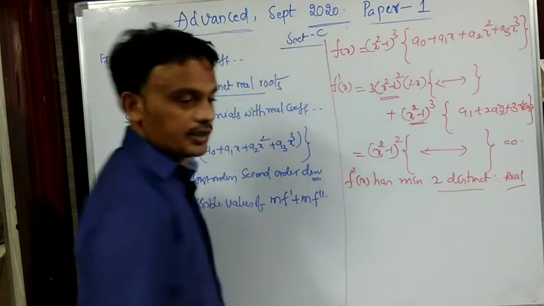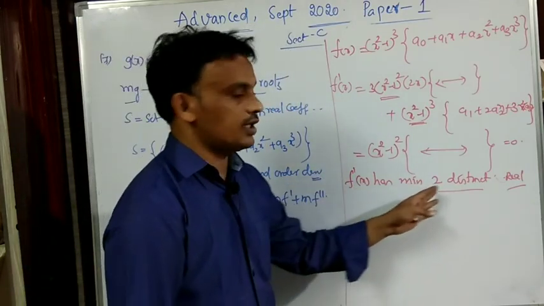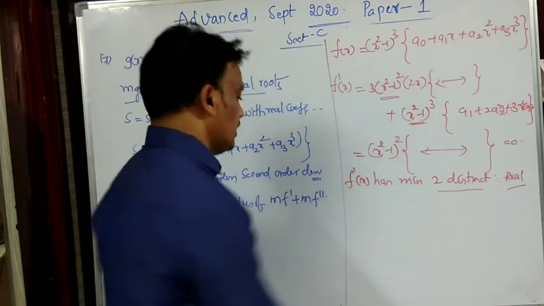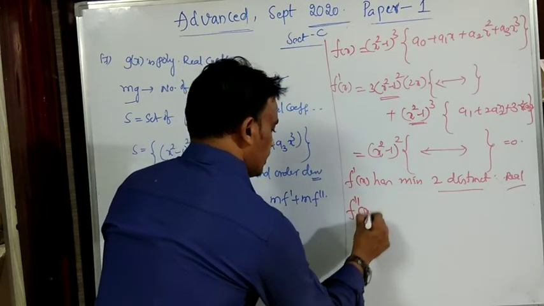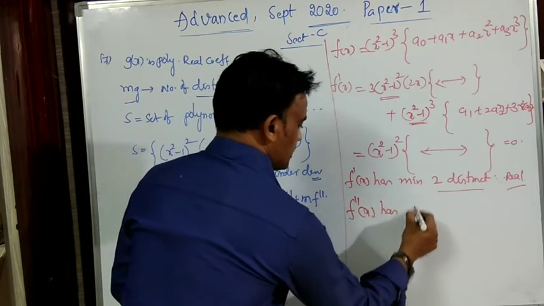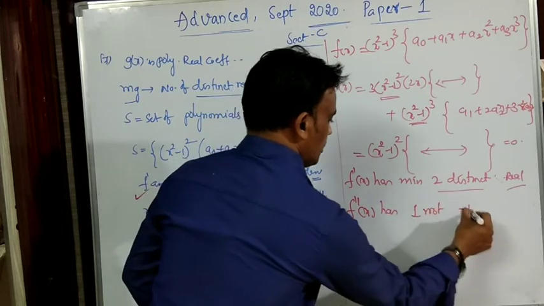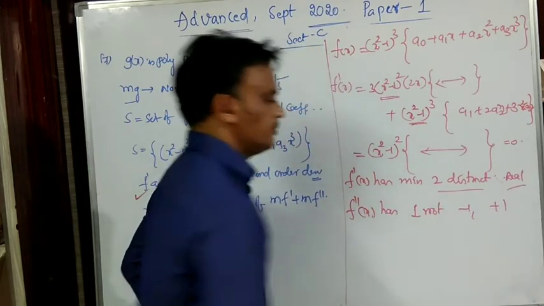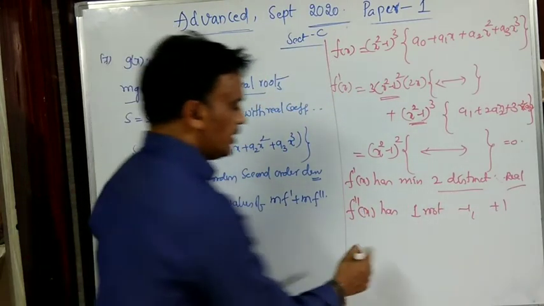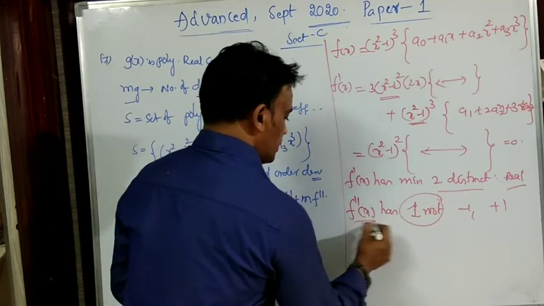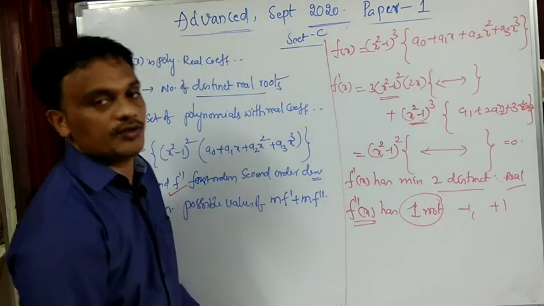Am I right? Yes. Since f dash of x has 2 distinct real roots, plus 1 and minus 1, immediately I can say f double dash of x has compulsorily 1 root in between minus 1 and plus 1.